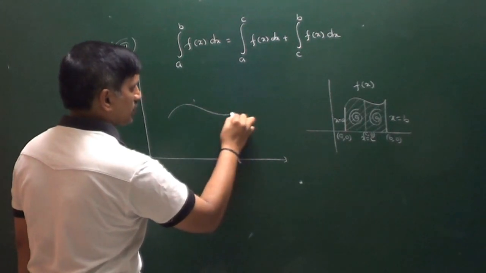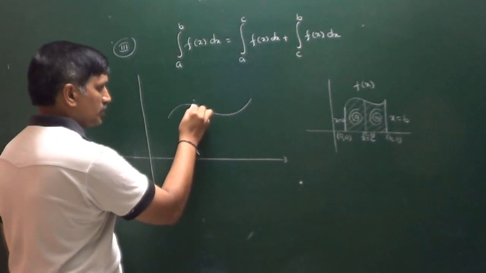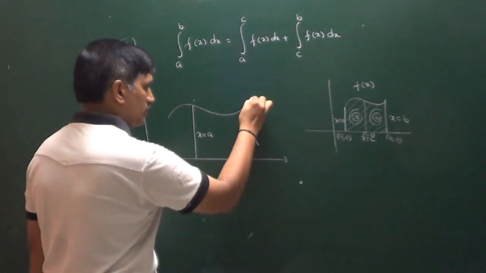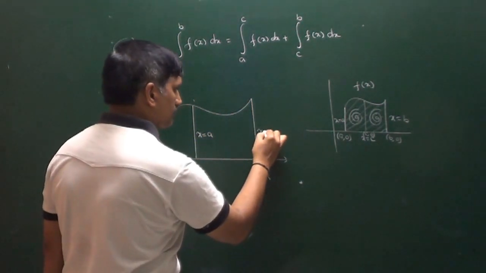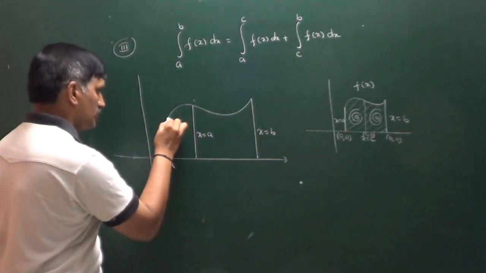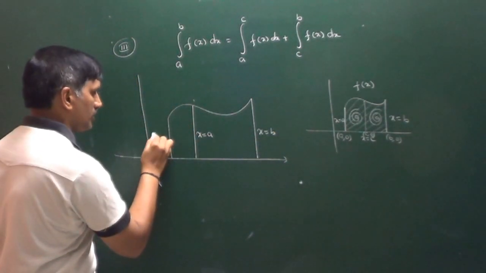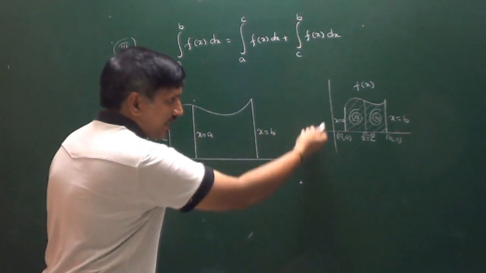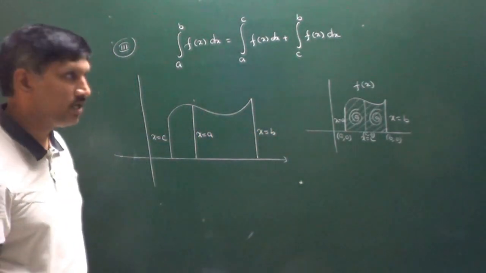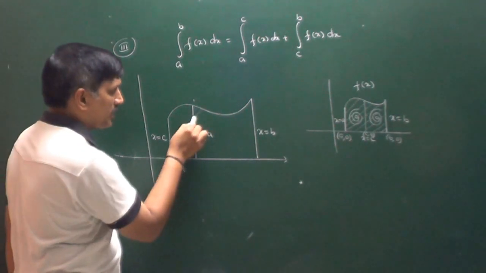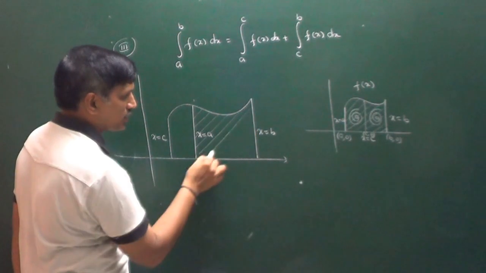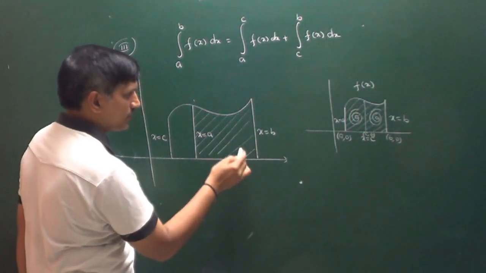Let us say this is the curve, this is the line x equals a, this is the line x equals b, and this is the line x equals c. Not only the left side, you can take the right side also for the line x equals c. He is asking, integral a to b f of x dx represents this portion, this area.